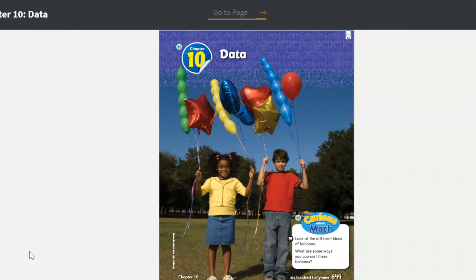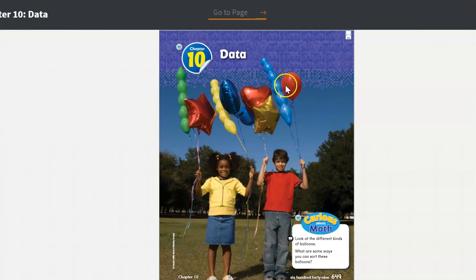All right, so let's talk about data. Here we're going to be looking at different kinds of balloons and some of the ways we could sort the balloons. So I'm going to give you a minute to think about this. We've got all kinds of balloons here. We could sort them by color. Very good.